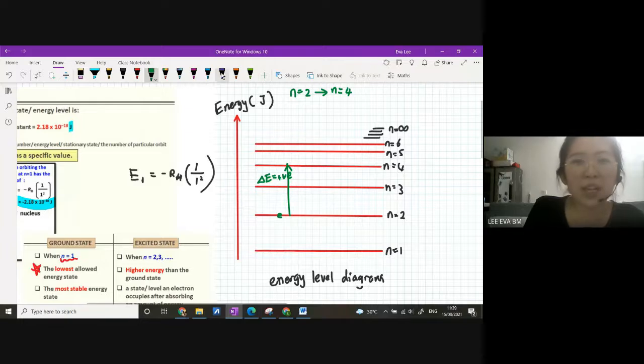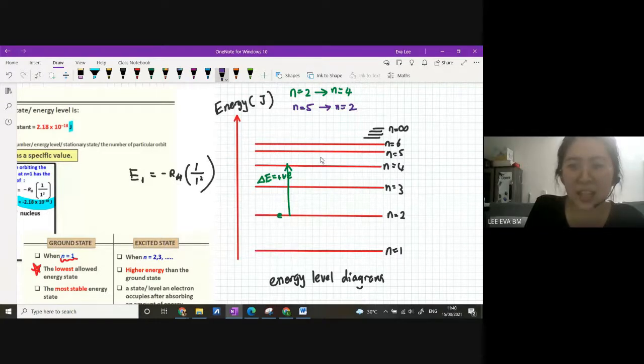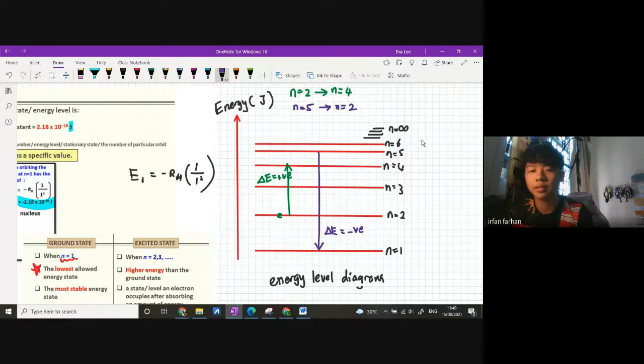Okay. Tapi kalau madam guna yang ini, kalau madam say energy level 5 to energy level 1, dari mana ke mana? Atas ke bawah, daripada N5 to N1. So bila dia turun tangga, delta E mesti equals to negative value because energy is released.